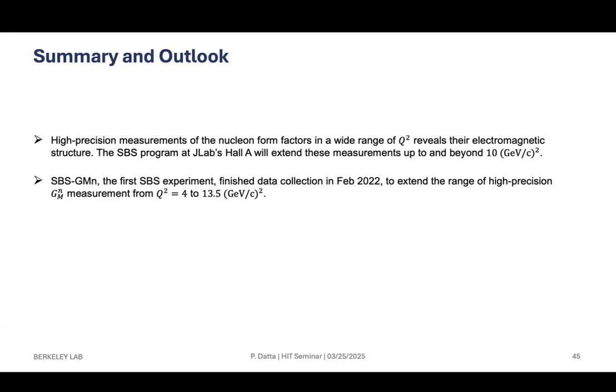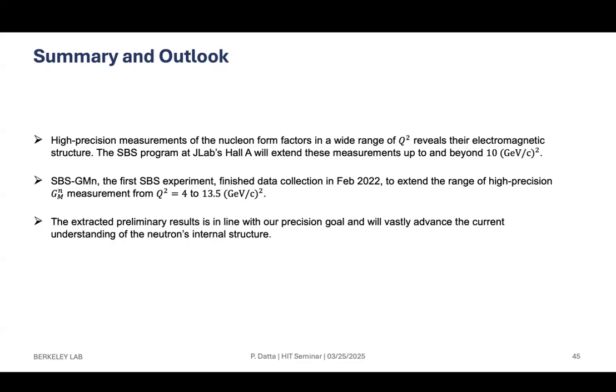The extracted preliminary results are in line with our precision goal and will vastly advance the current understanding of the neutron's internal structure. The implication of our results on the flavor decomposition is also very interesting and has potential of improving our fundamental understanding.